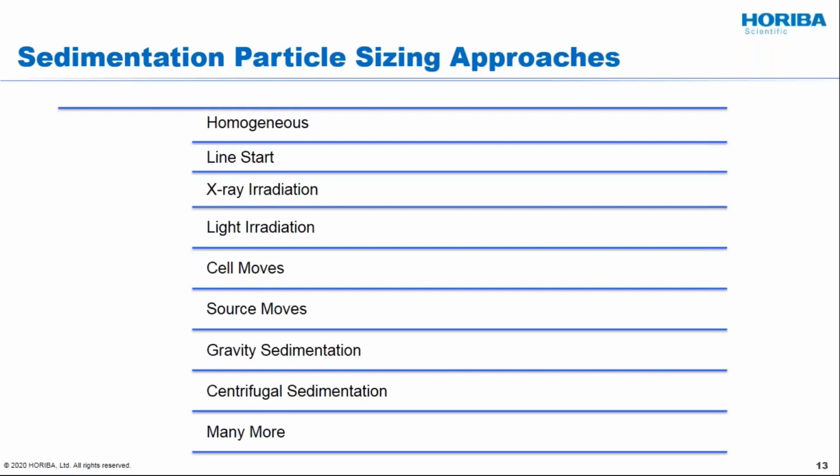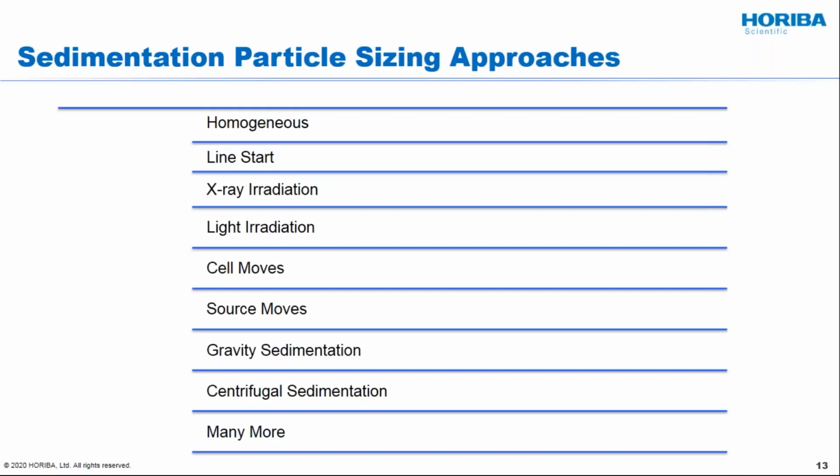What you're going to find is you get down toward, let's say, 1 to 10 microns in terms of size. If the particle doesn't have a very high density, it could take you sometimes as much as hours to get the sedimentation to happen. So, either moving the cell or the source are designed to save you some time there.